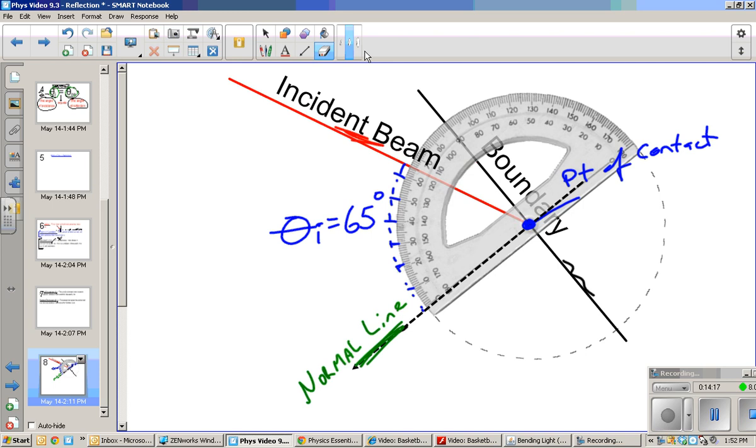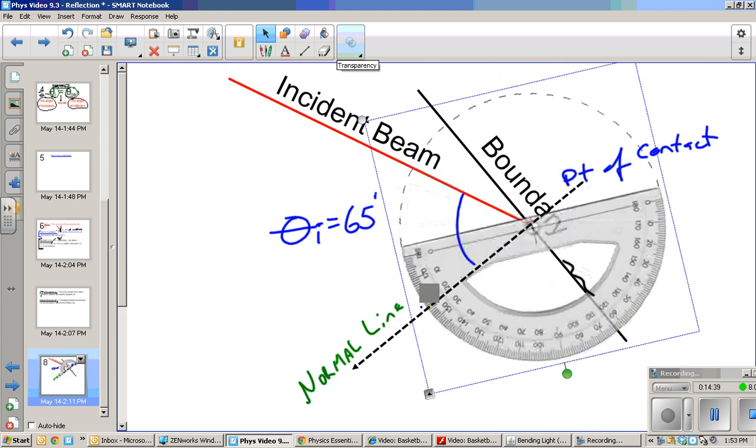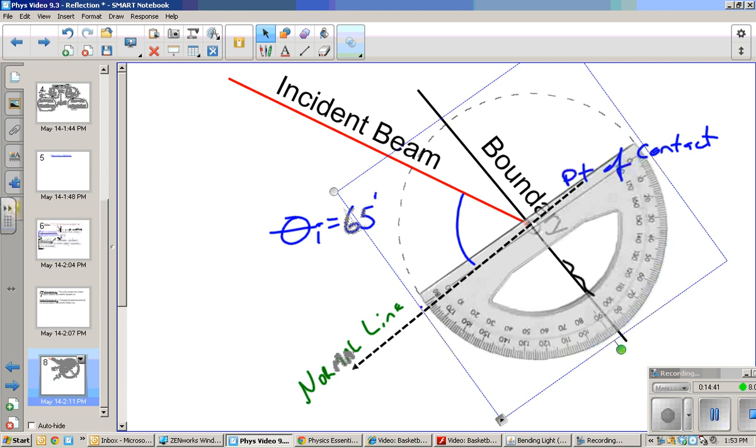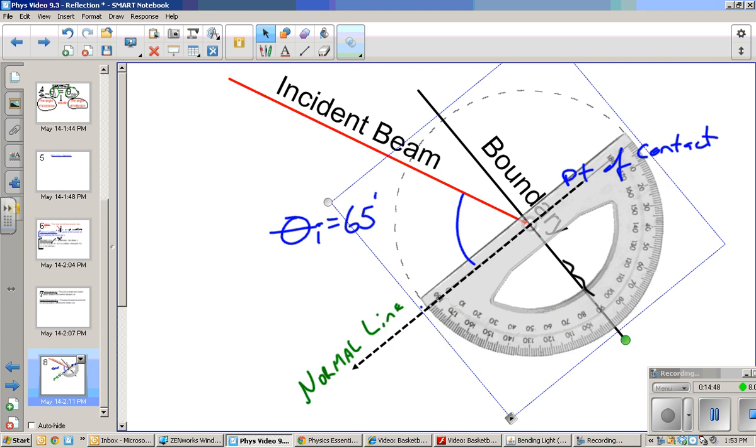So let's clean up the drawing a little bit because it's getting cluttered. Let's draw in the angle. That's my angle of incidence. Now the question is, where does the reflected beam go? To find your reflected beam, take your protractor and spin it around 180 degrees. Make sure that your point of contact is the center of your protractor, and make sure that your normal line is lined up with your zero line.